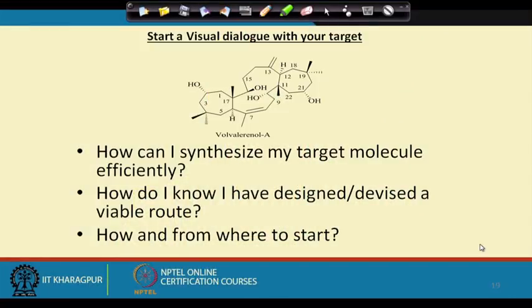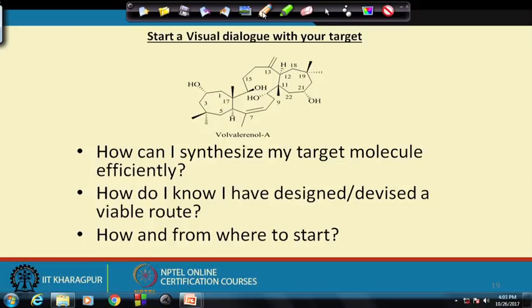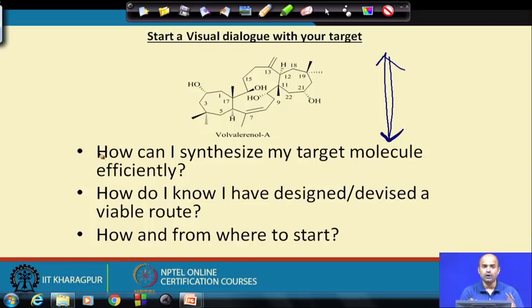Now, initially, once a target molecule is given to you, I have given a target molecule, it is a huge big molecule. The initial point, once you see the target molecule, is to just have a focused look, and initially you need to ask 3 questions to yourself. How can I synthesize my target molecule efficiently?